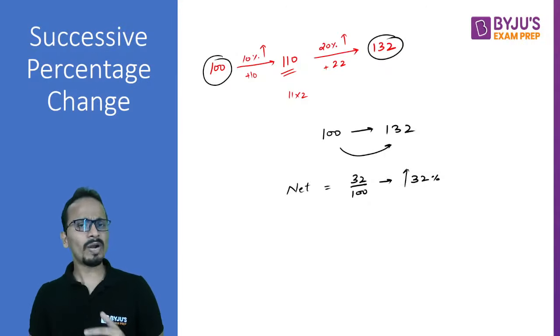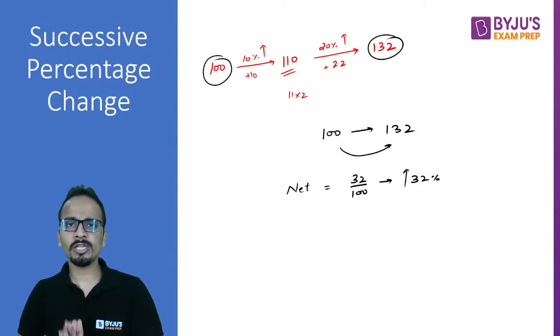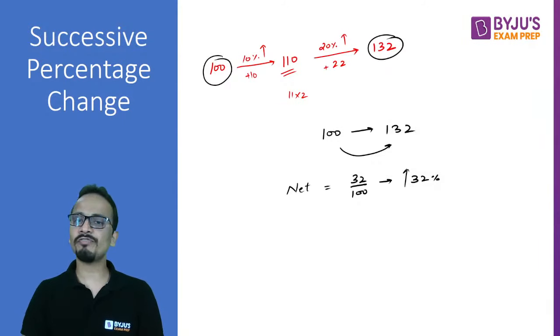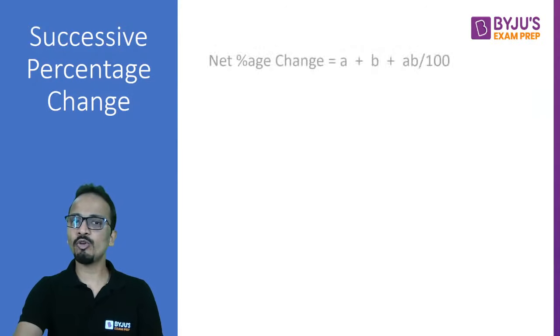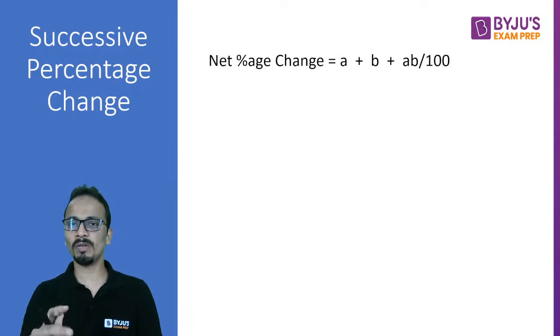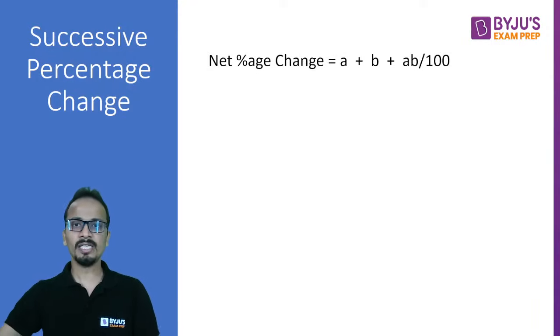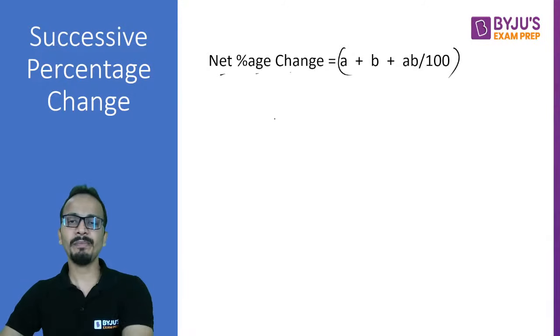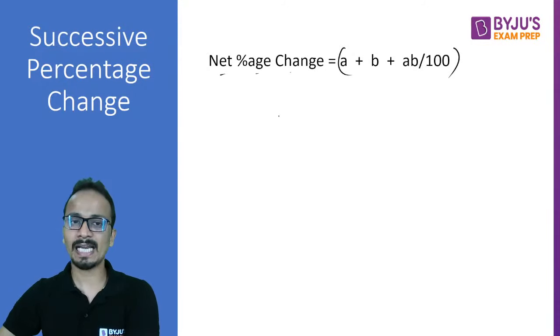Okay, now what I've done is I have calculated all these values. I have done plenty of calculations, but this value of net percentage change can also be calculated by using a short formula, a shortcut. The formula is net percentage change is equal to a plus b plus ab upon 100. Now let us quickly understand this formula.